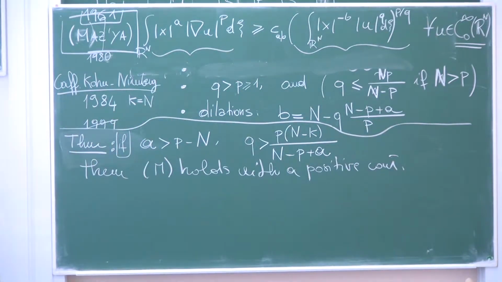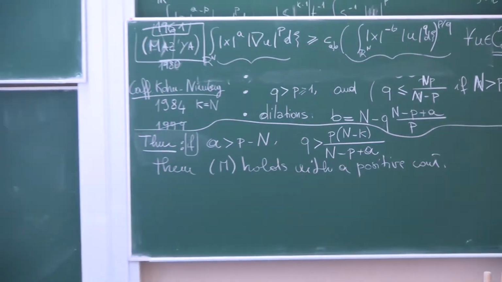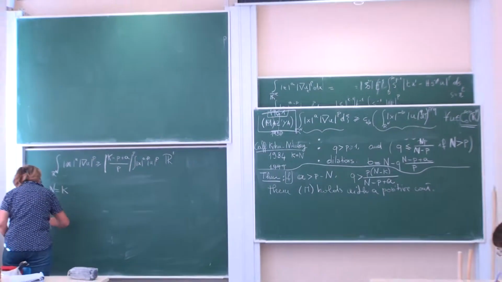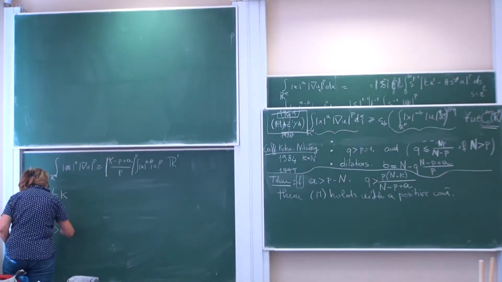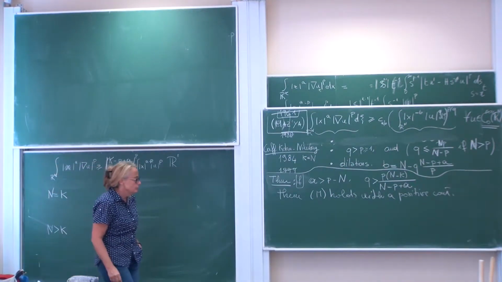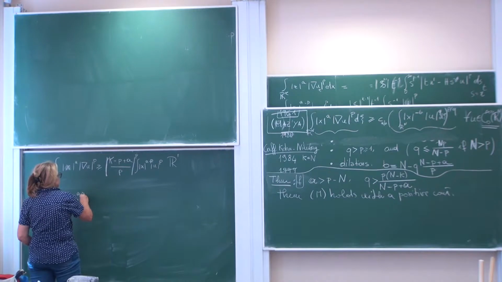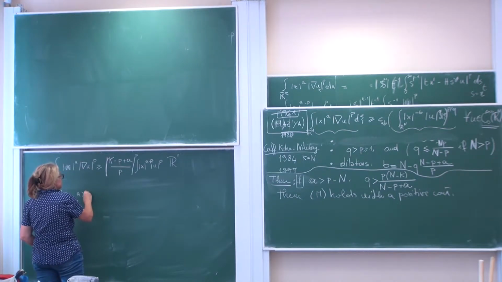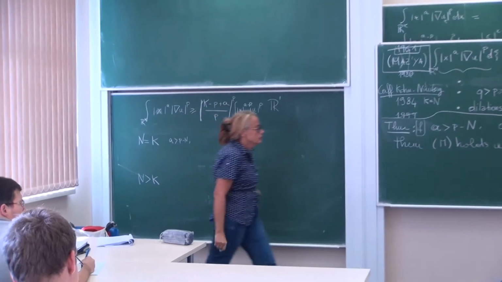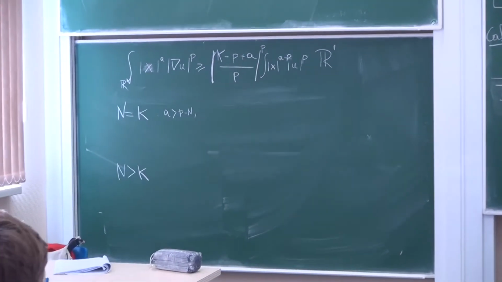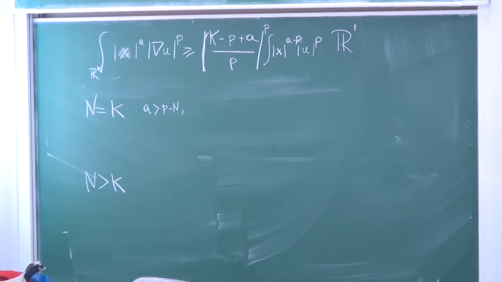So let me just draw, to finish this first lecture, the difference between the Caffarelli-Kohn-Nirenberg spherical weights and the cylindrical weights. Well, in the spherical weights, the assumptions are A greater than P minus N. Of course, this is not really nice.